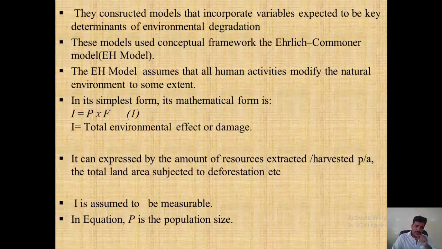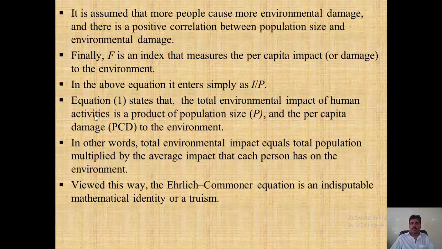So it is measurable. In this equation, P is the population size. It assumes that more and more people cause more environmental damage, so there is a positive correlation between population size and environmental damage.